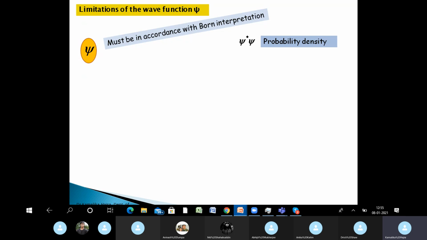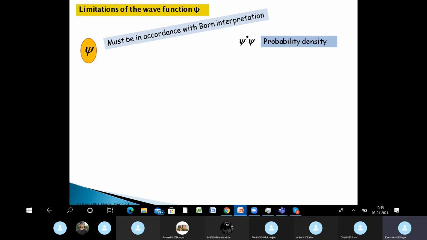Remember, we had discussed all this in great detail: even though psi is a complex function, it still makes sense because from Born interpretation we get a physical feeling about what psi represents.